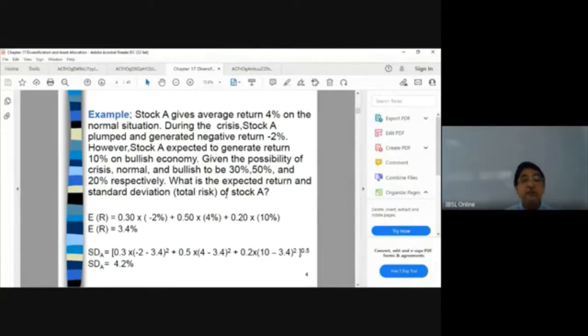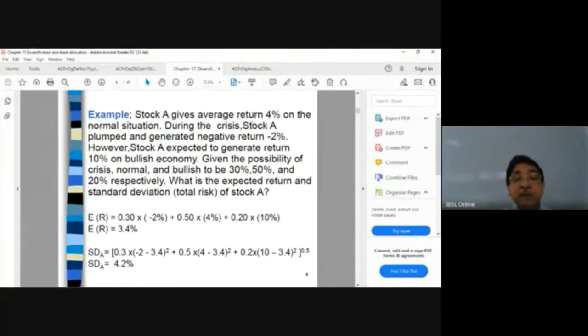Stock A gives average return 4% on the normal situation. During the crisis, stock A plummeted and generated negative return. Now you can just look at the question and see how it has given the data.